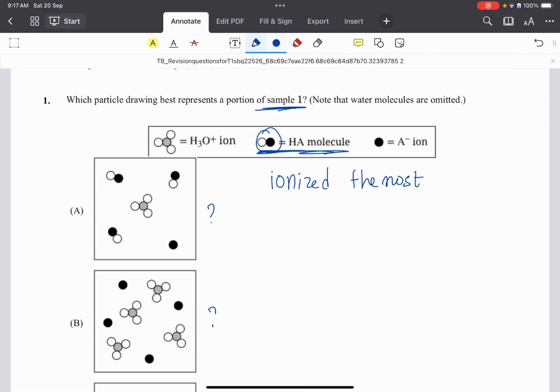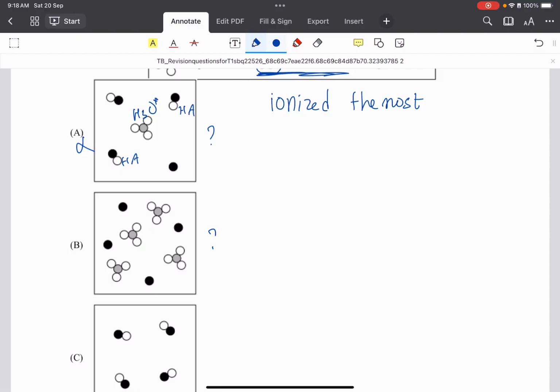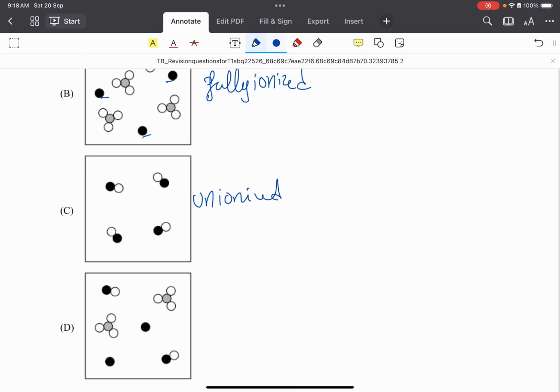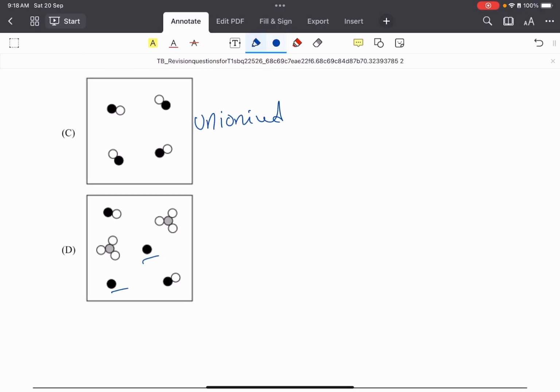So this one, H3O plus, and as you can see, HA unionized, so definitely not this one. Here, all of the HA ionized. This one shows a strong acid. This one just shows the acid unionized, and this one shows an acid ionized partially.